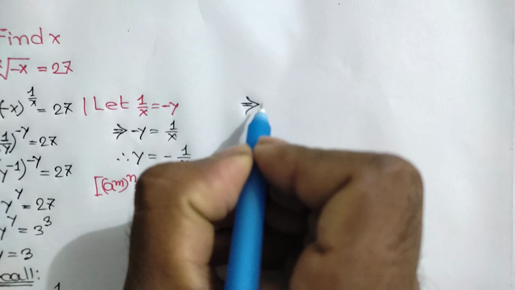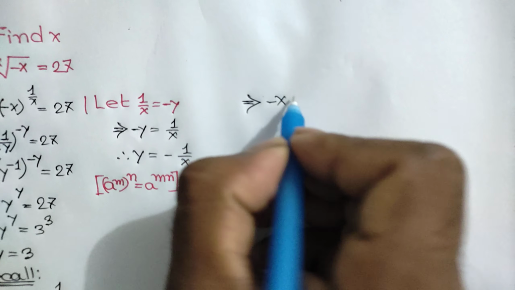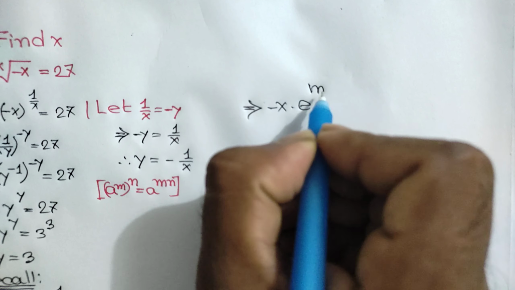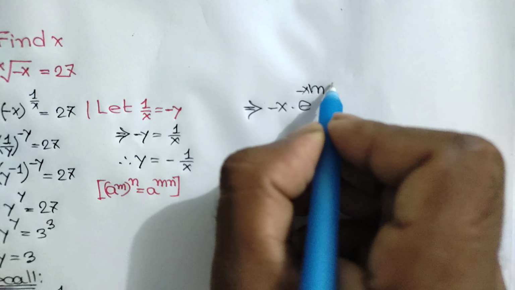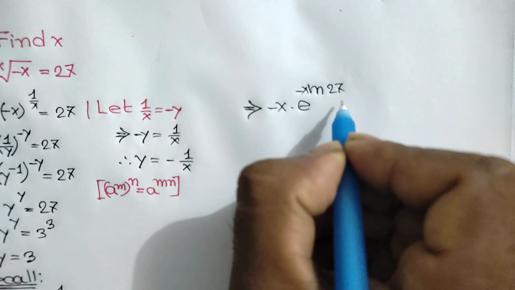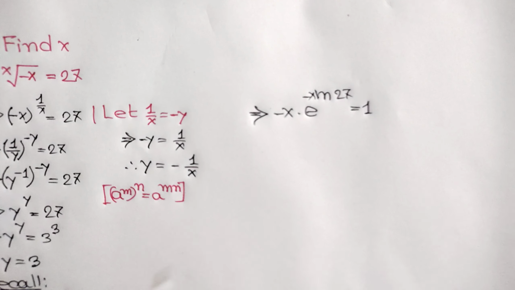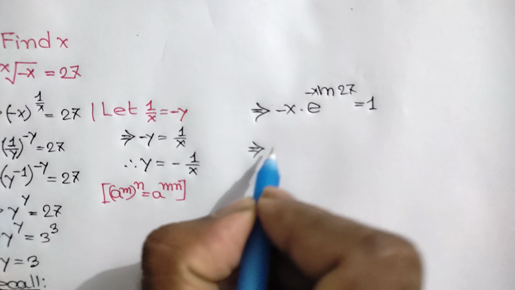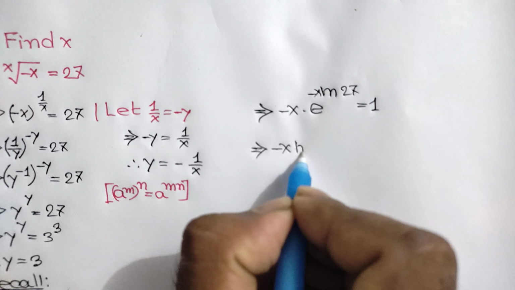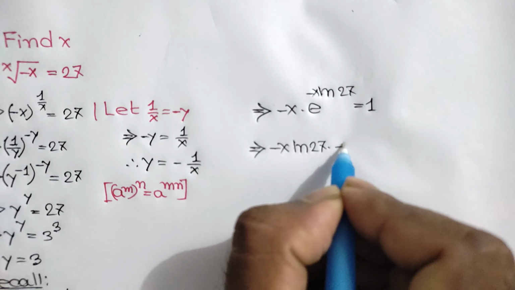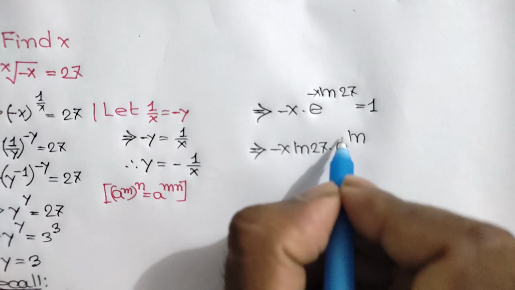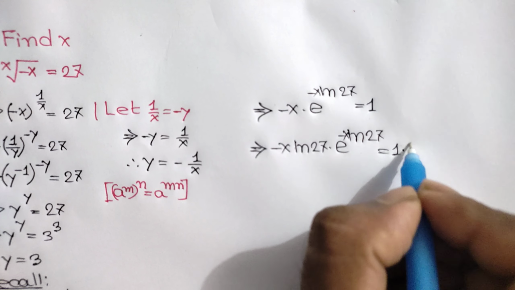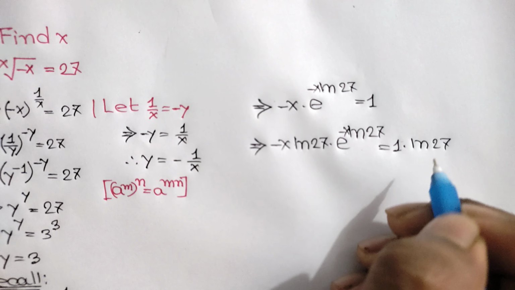Now multiplying both sides by ln of 27, we can write negative x ln of 27 times e to the power negative x ln of 27 is equal to 1 times ln of 27.